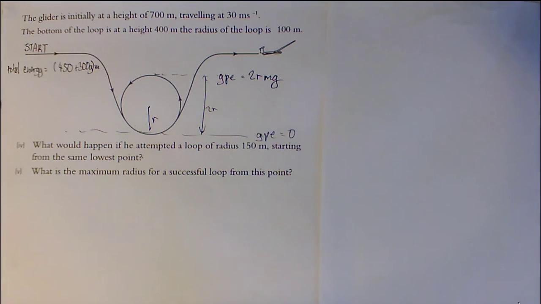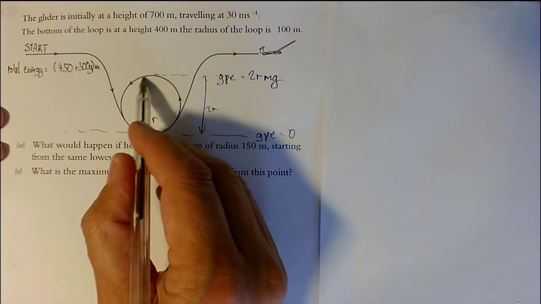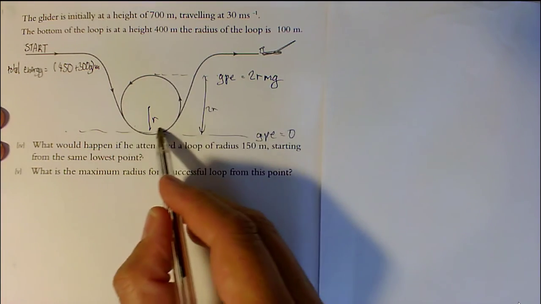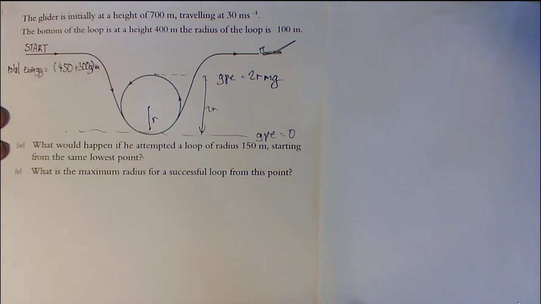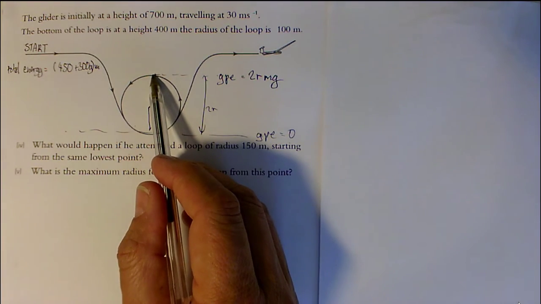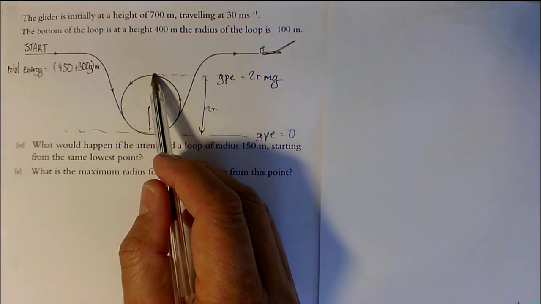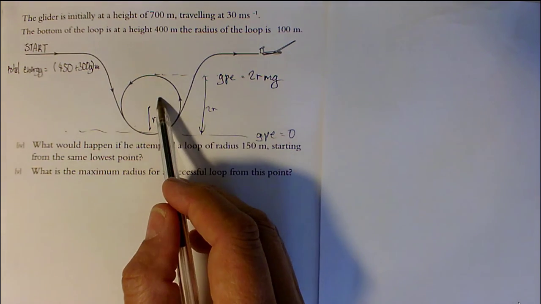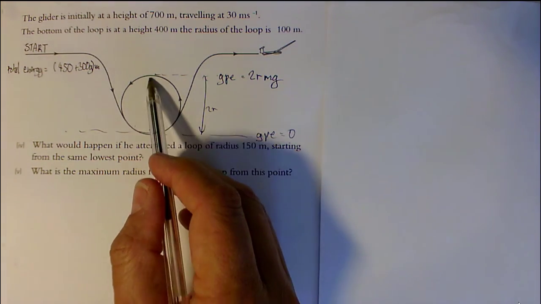I want to know what the greatest possible value of r is that keeps this circular motion intact. So what I need to think about is whether or not the acceleration associated with the circular motion is greater than or less than acceleration due to gravity.